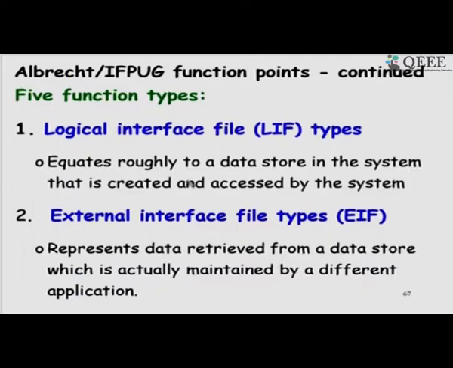So, this is just written down here, the 5 parameters, just to have some document notes for you to read later. The internal logical files are the internal data stores which are maintained internally, like an array or a list and so on. External interface file is data produced by other systems or the user which are input to the software.